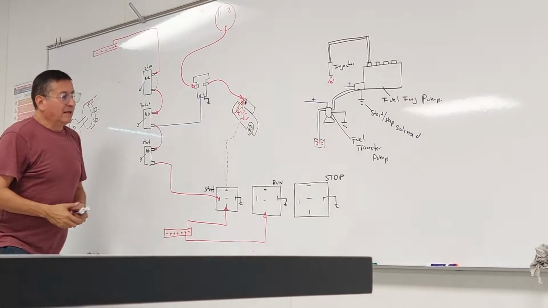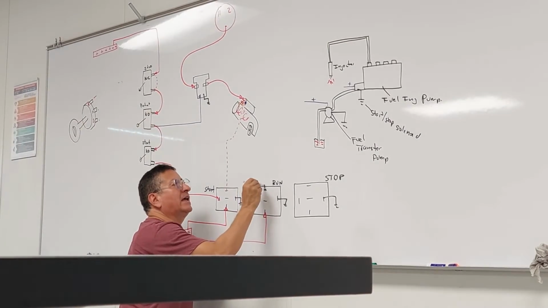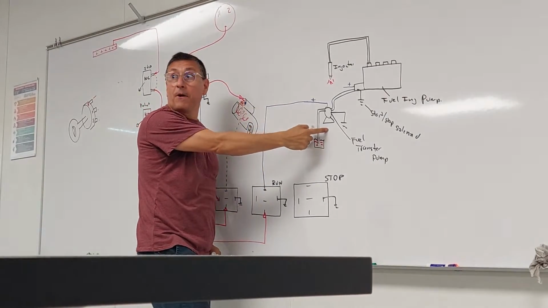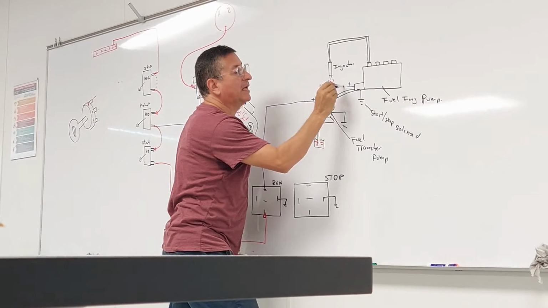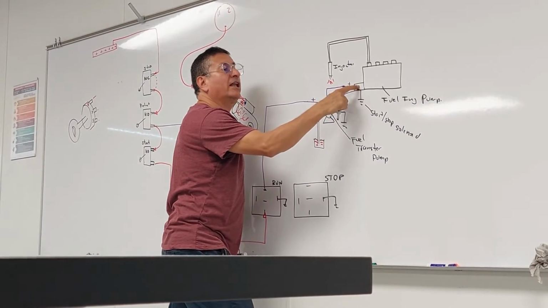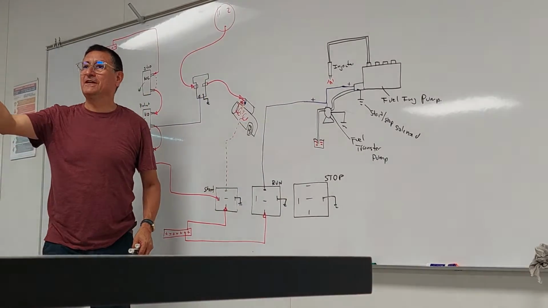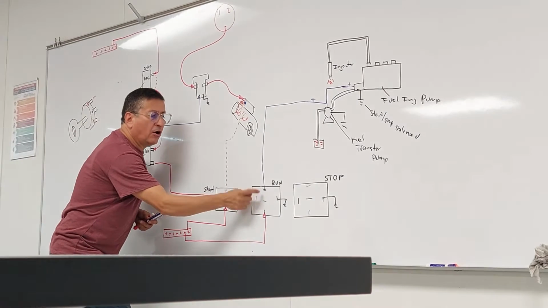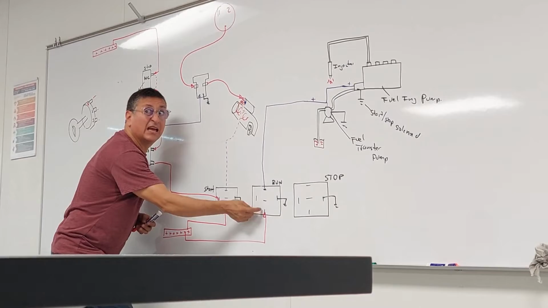Good? Alright. Pay attention. I am going to send from the output of this relay one signal to activate the transfer pump and bring the fuel, and at the same time one signal to activate the solenoid and allow the fuel to enter the fuel injection pump. Okay. Look at this. How is the connection between 30 and 87? Normally open.